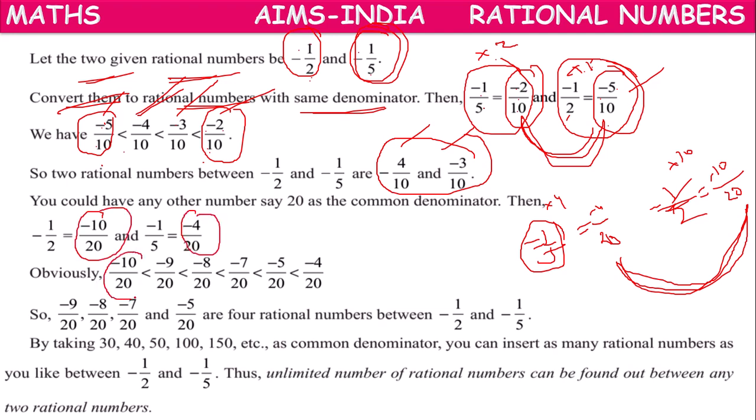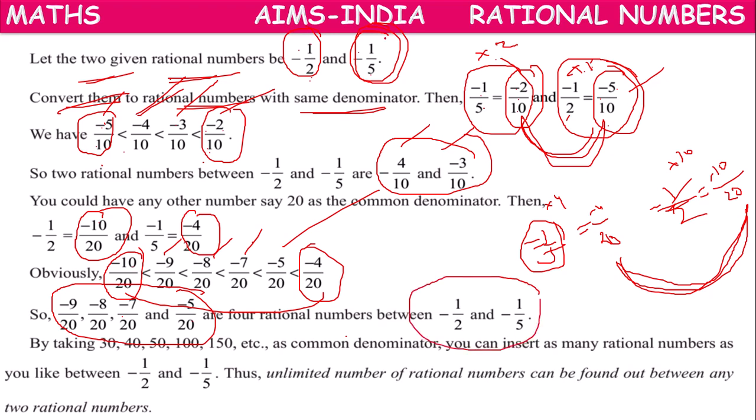So between minus 10 by 20 and minus 4 by 20, what other rational numbers can we write? Minus 9 by 20, minus 8 by 20, minus 7 by 20, minus 5 by 20. Like that, we can write four rational numbers if we change the denominator. These four also exist between the given two rational numbers.